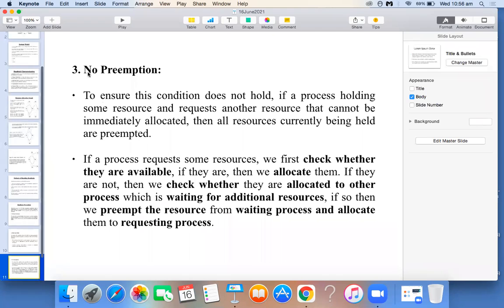Next, the third one is no preemption. What does no preemption mean? We are not forcefully removing the resources from the process. The process has to voluntarily release them. That's what it says.